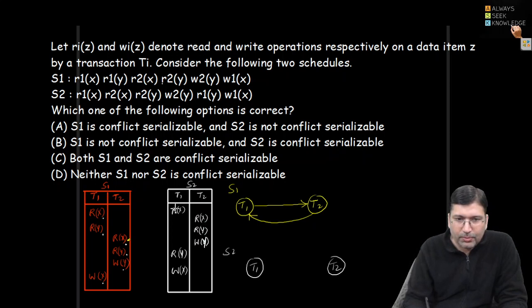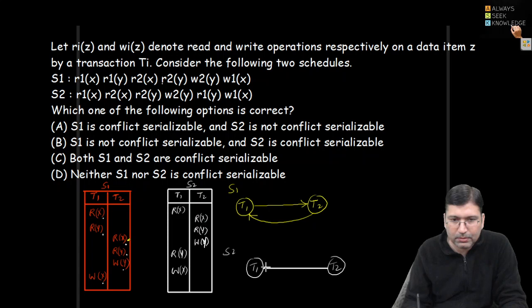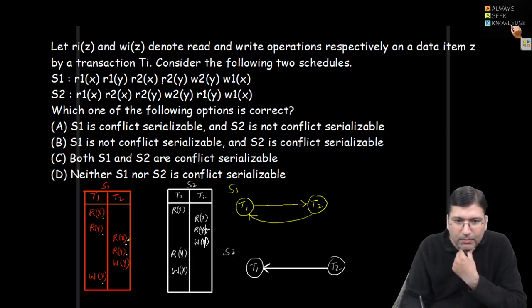Now read X will be conflicted by write X, so there is no write X in T2. This read X will be conflicted by write X, so from T2 to T1 there will be an arrow. So let's draw like this. Okay. Then read Y will be conflicted with write Y, but there is no write Y. This write Y will have the conflict with the read, so T2 to T1 we have already drawn, and there is nothing left.